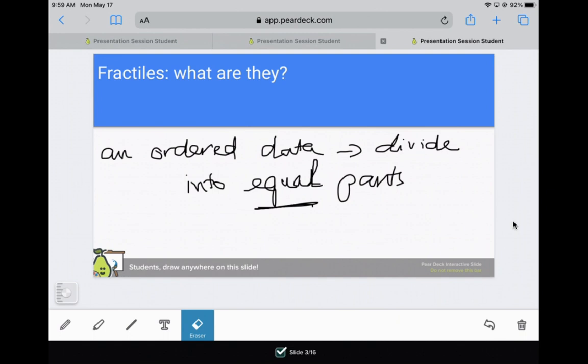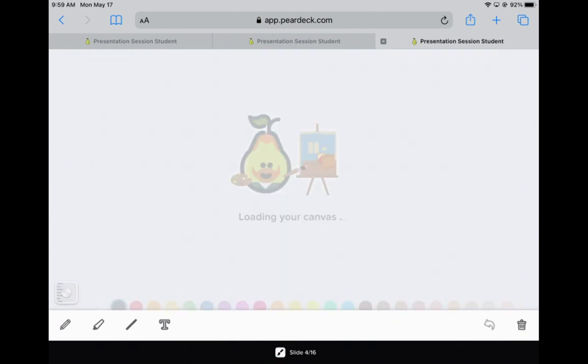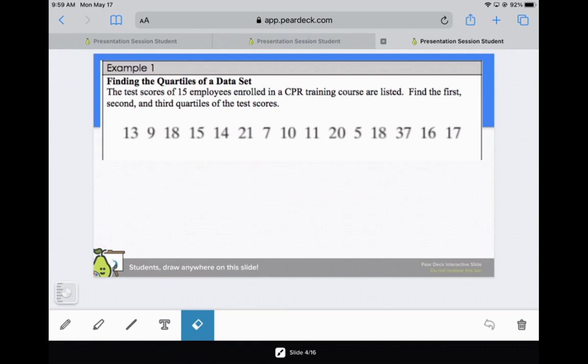Okay. So what we're going to do with this one is that we're going to look at data. Give you a few seconds to copy this down. So we're going to think about quartiles. Quartiles, we're going to split this into equal parts, so that way we can compare ourselves to the population. Where are you compared to this entire population? Okay.